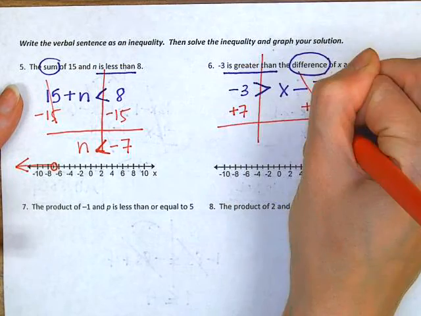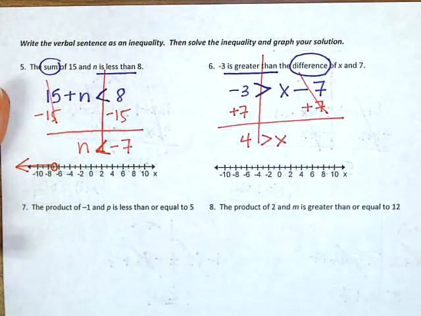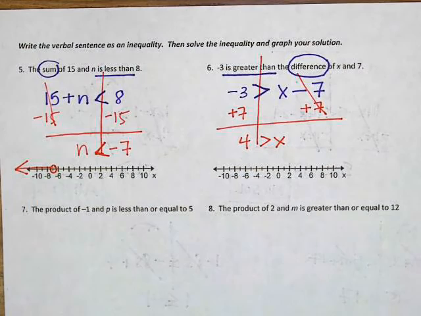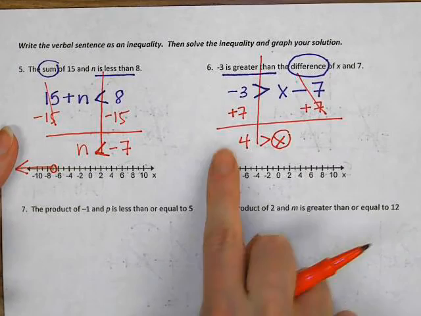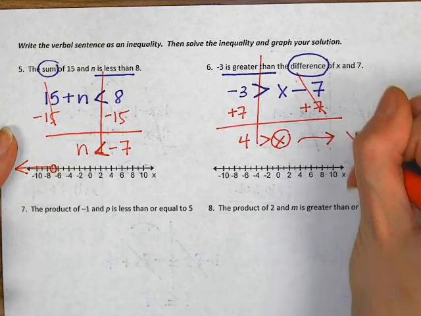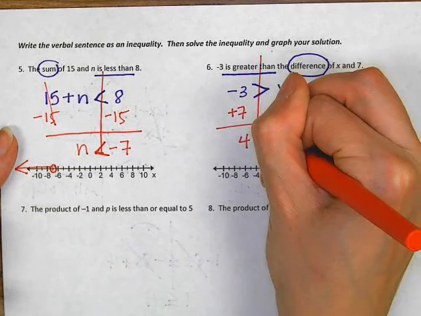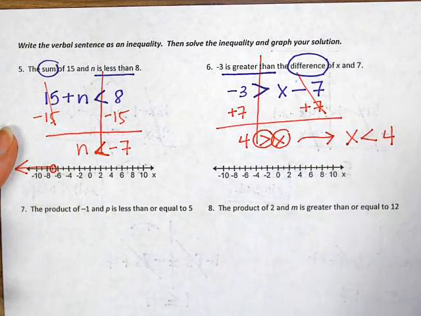and we're left with 4 is greater than x, which is fine, but did anybody remember that I'd like you to switch the order? You always want the variable on the left. So see if you guys can switch the order. If the x is on the left, you have to switch the symbol, so it'd be x is less than 4.